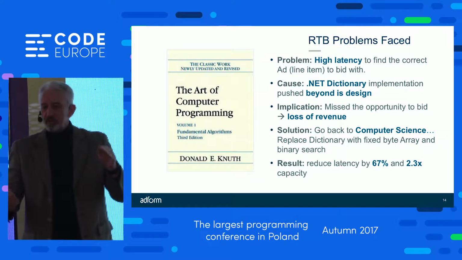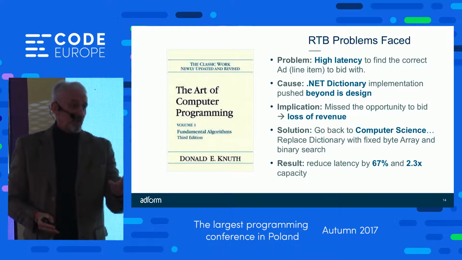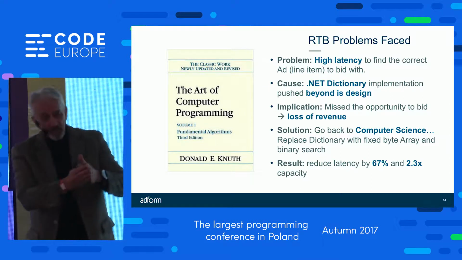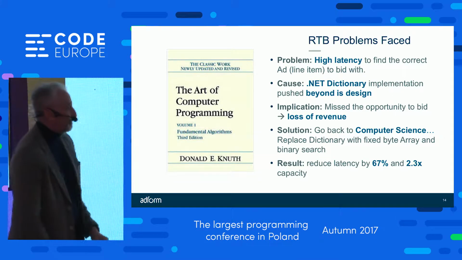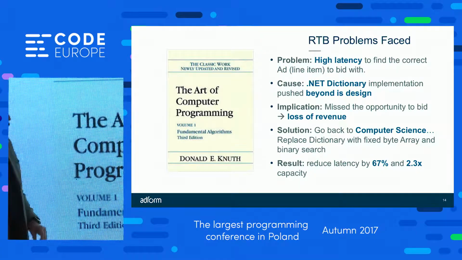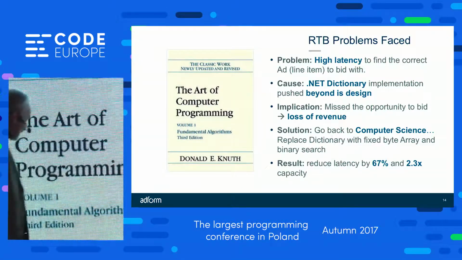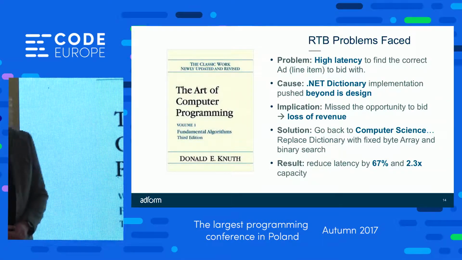And we had got to the limit, the boundaries of the capabilities of the .NET dictionary. It's a great hash table, so I'm not saying it's bad at all, but we had just used it too far. So we were losing money, and we had to go back to computer science, right back to first principles. So I've got Donald Knuth's Art of Computer Programming up here.